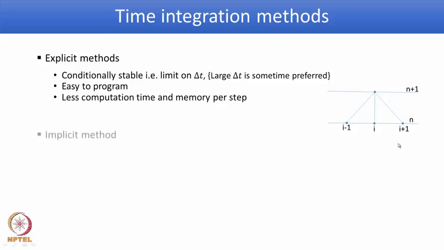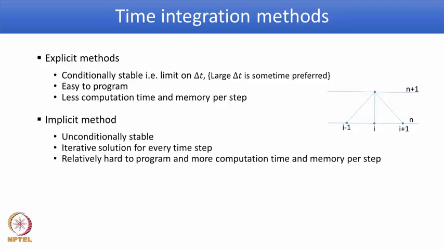Let us look at the implicit method. All the implicit methods are unconditionally stable. That means you can afford to use any delta t. It usually follows an iterative solution for every time step. In the explicit method, one inversion is enough, whereas the implicit method requires an iterative procedure because it accounts for the variable value at the current time level also.